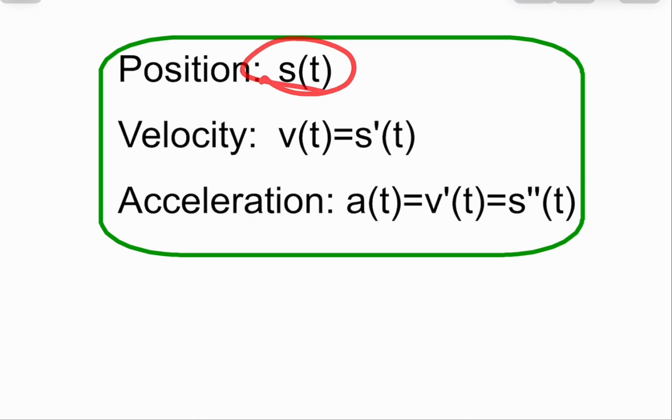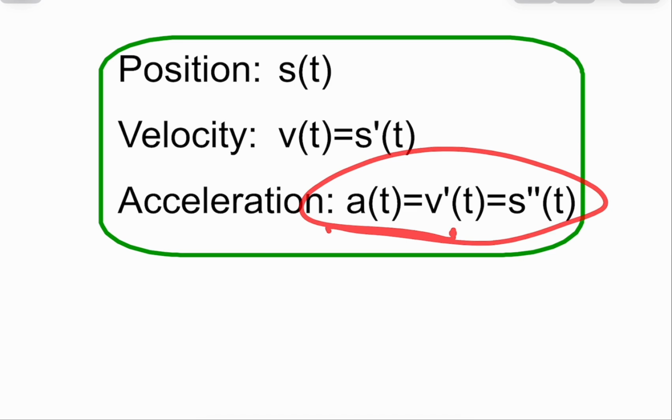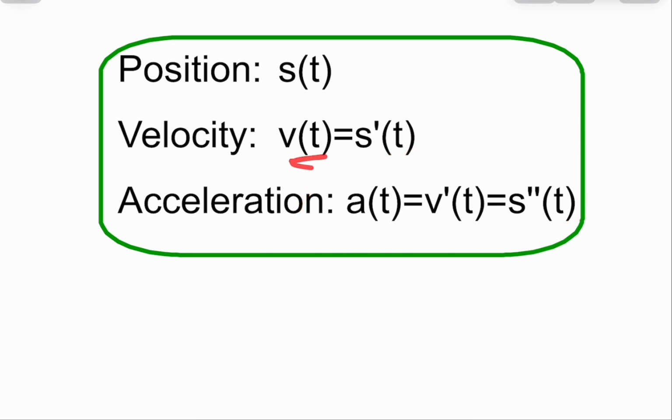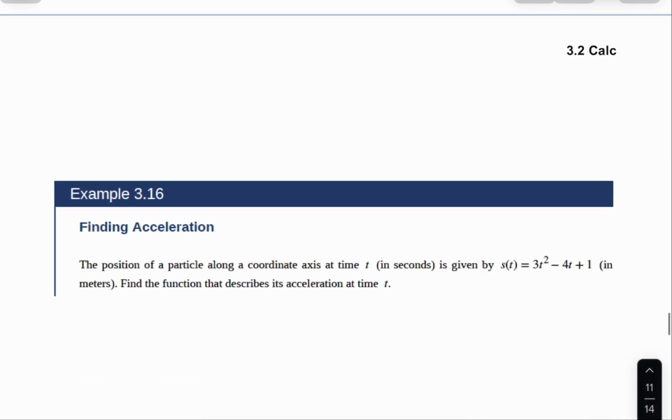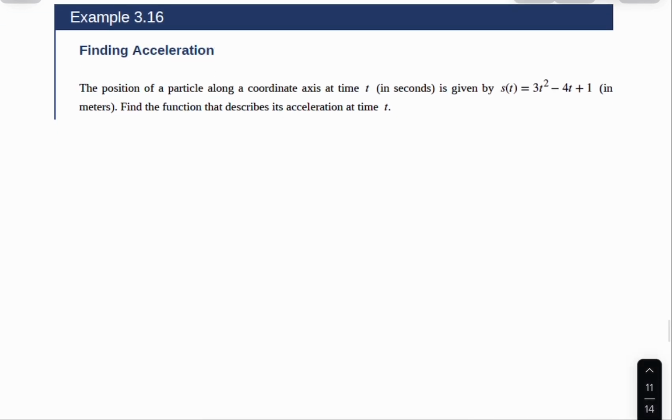So if we have the position, take the derivative once, you get the velocity function. You could write that as v of t or s prime. Take the derivative again, you get the acceleration function. So the first derivative of the velocity function is the acceleration, or the second derivative of the position function is also the acceleration.